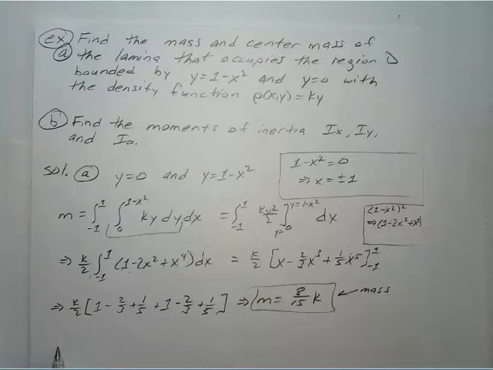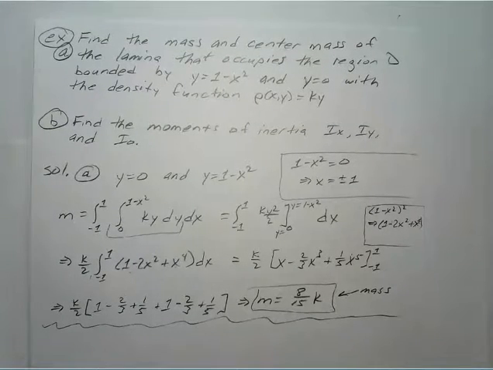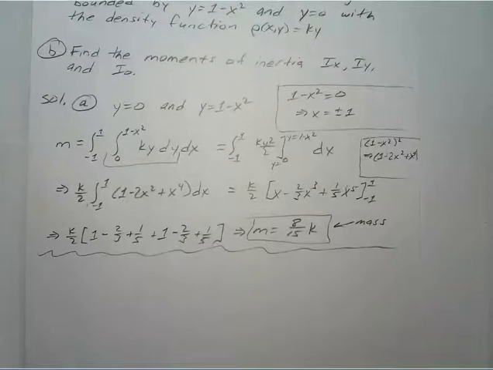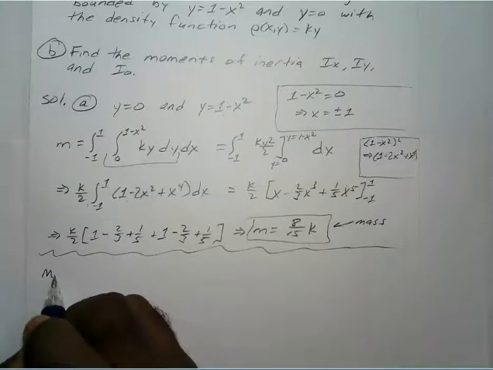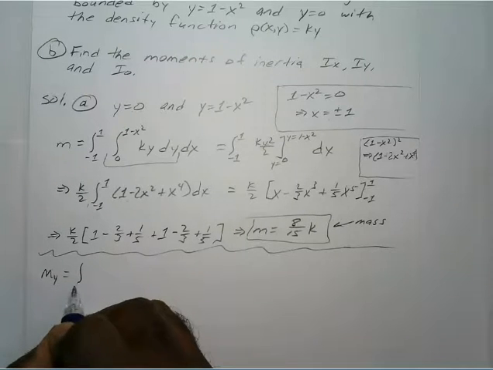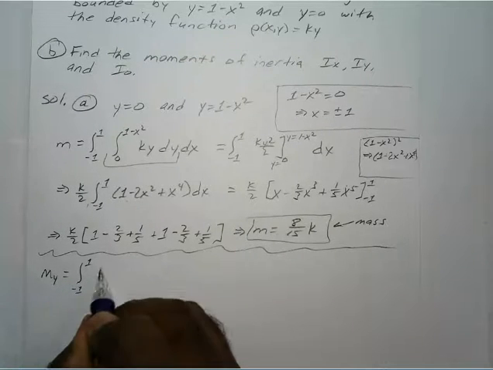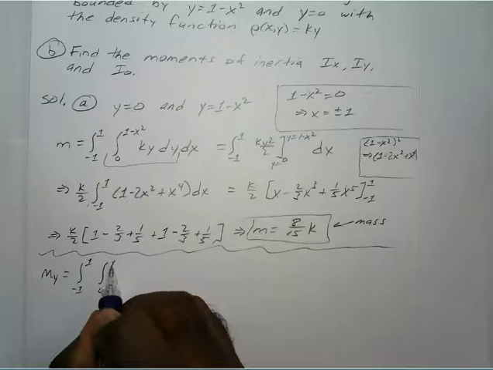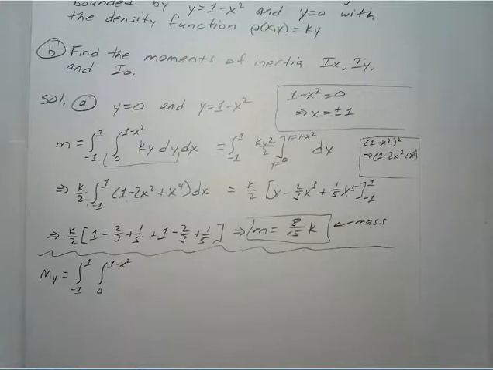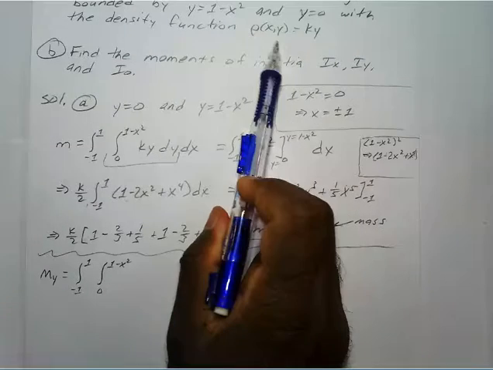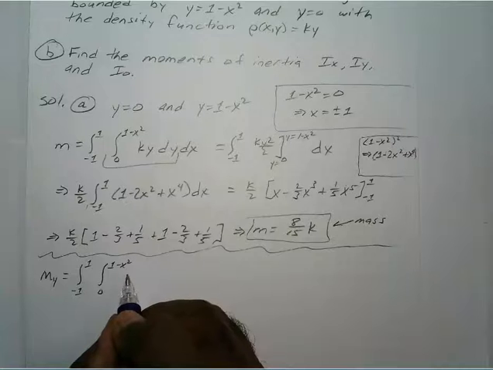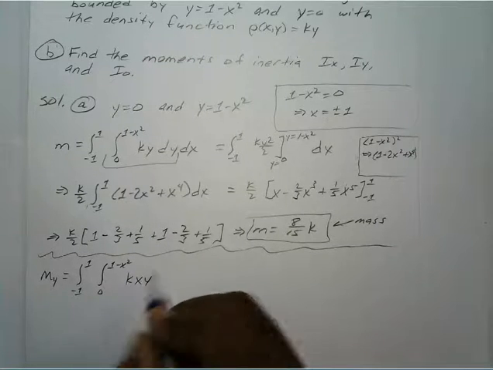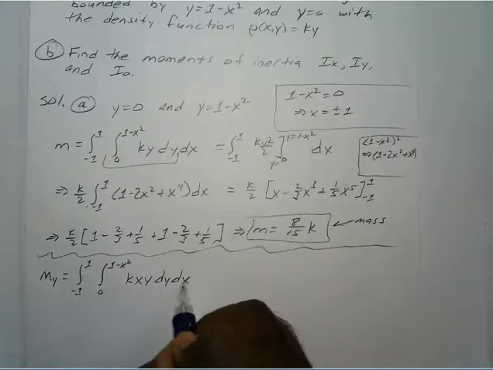Our first moment with respect to the y-axis, remember, is the integral from -1 to 1, and y from 0 to 1 minus x squared, of x times rho of x y. So that's x times k y, or you can just make it k x y dy dx.